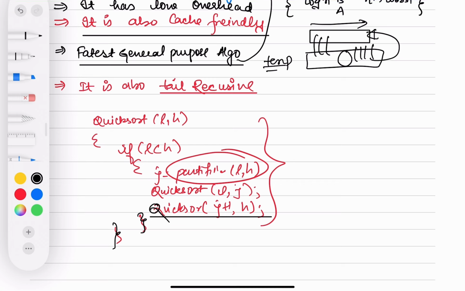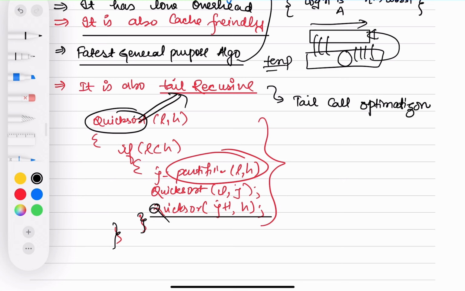That is why quick sort is also called tail recursive. And there is something called tail call optimization. When the last operation in the algorithm is a recursive call, you can optimize it, so we can apply tail call optimization to it.